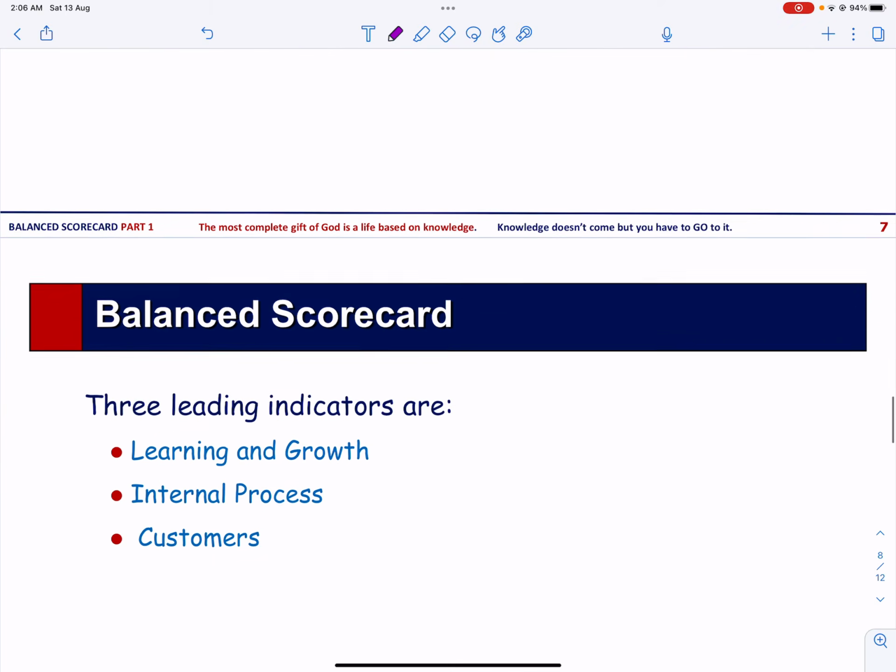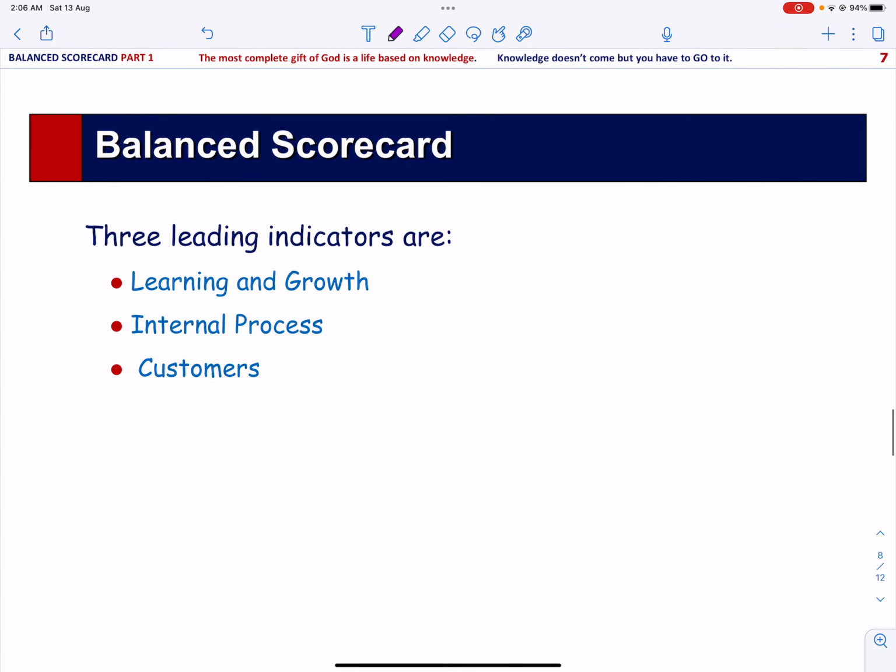The balanced scorecard identifies three other areas or critical success areas that are called leading indicators. These three indicators are learning and growth. They deal with the employees, their training, their motivation, etc. If employees are well trained, the company will have a better internal process.